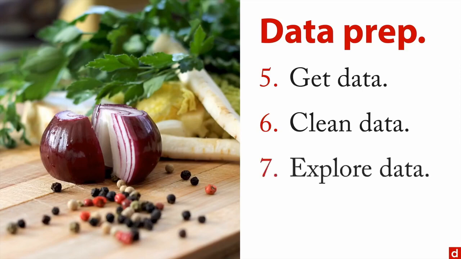You also want to explore the data. That is, really see what it looks like, how many people are in each group, what the shape of the distributions are like, what's associated with what. And you may need to refine the data, and that means choosing variables to include, choosing cases to include or exclude, making any transformations to the data you need to do. And of course, these steps can bounce back and forth from one to the other.